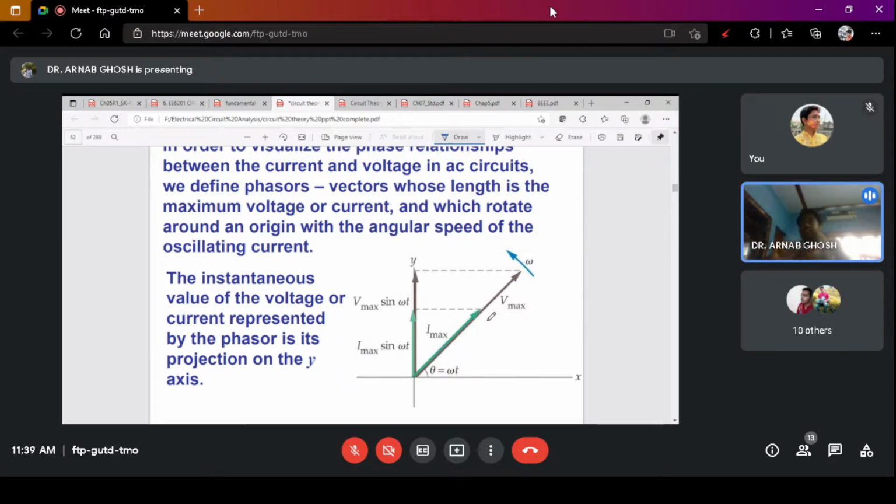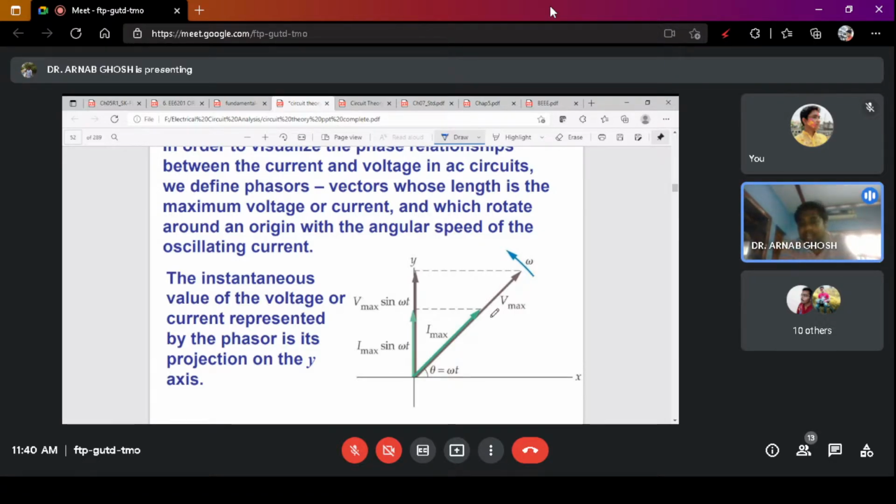The length of the vectors will vary. If you see closely, the Imax vector is shorter than the Vmax vector, because Vmax divided by R gives you Imax. The length of the vector might be different, but they will be in the same phase with each other and they will rotate with the same angular speed.